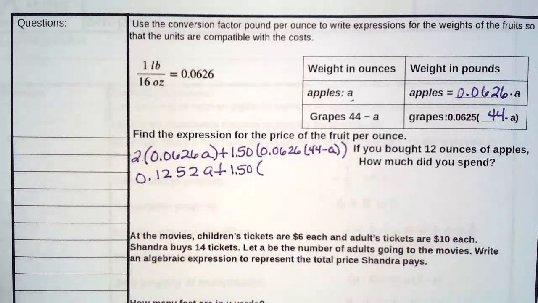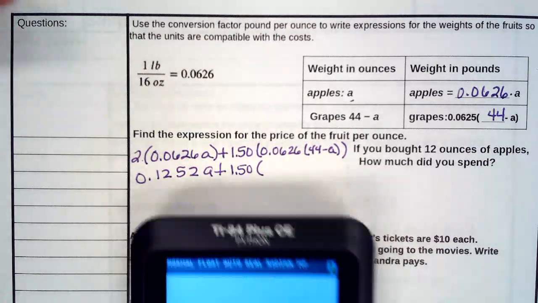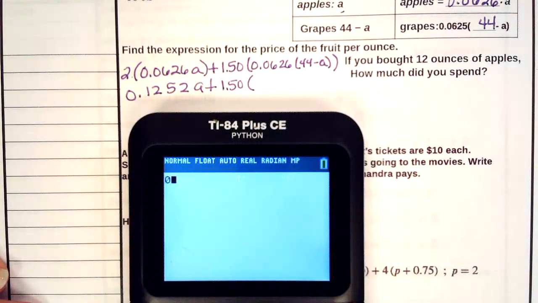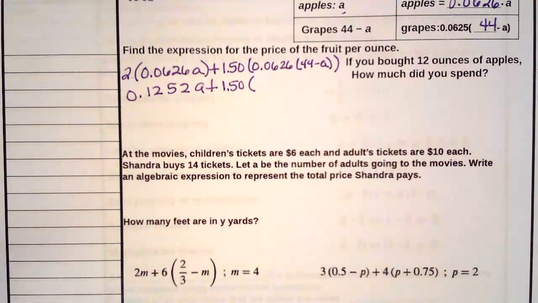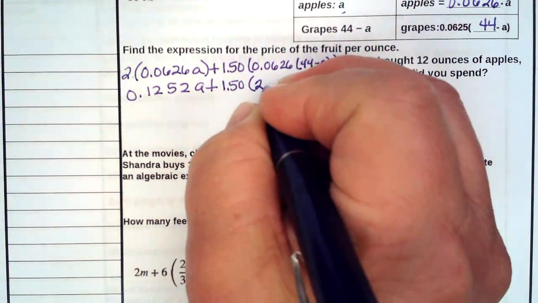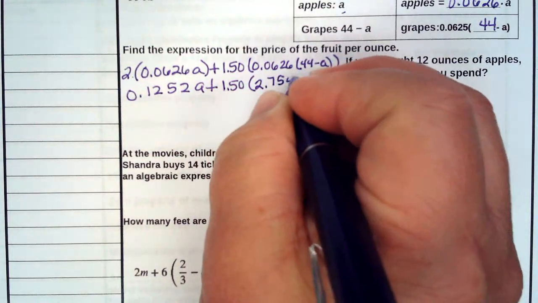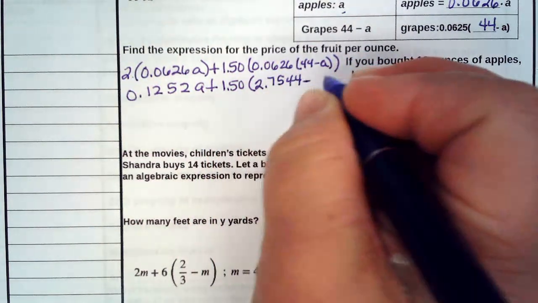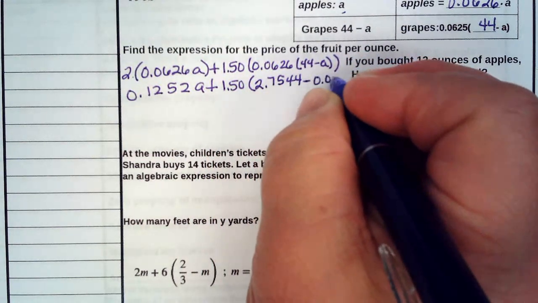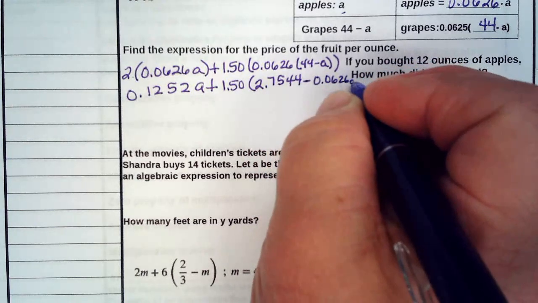And 0.0626 times 44, we've got 2.7544 minus 0.0626 A.